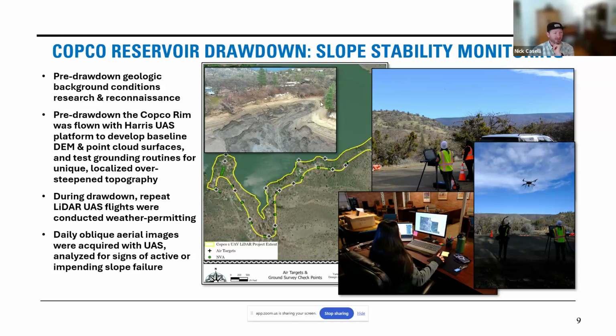And then also during drawdown, we did routine aerial oblique imagery to support the field reconnaissance and any of our observations we got from the GIS data.